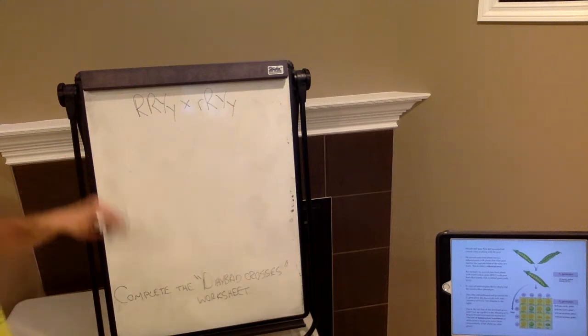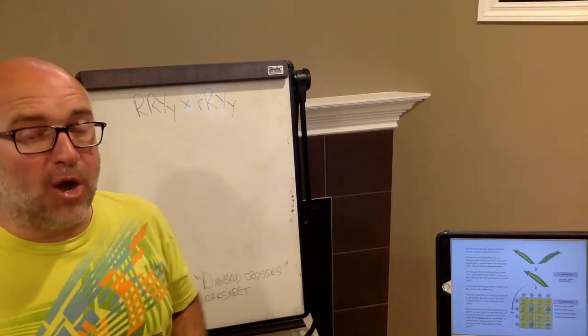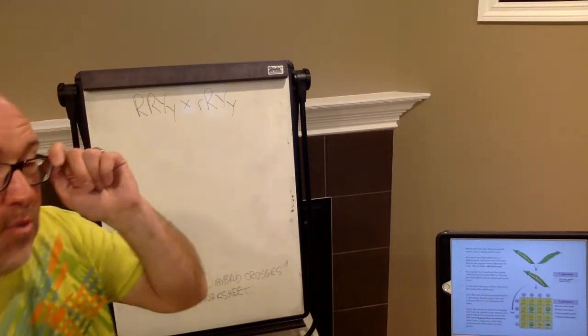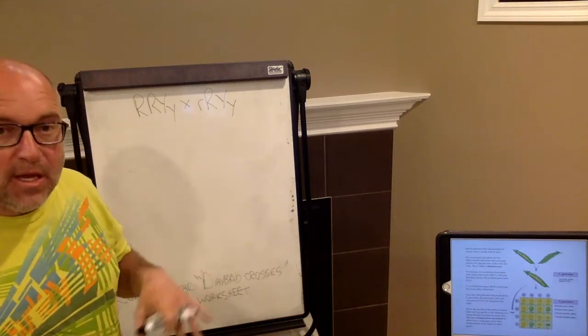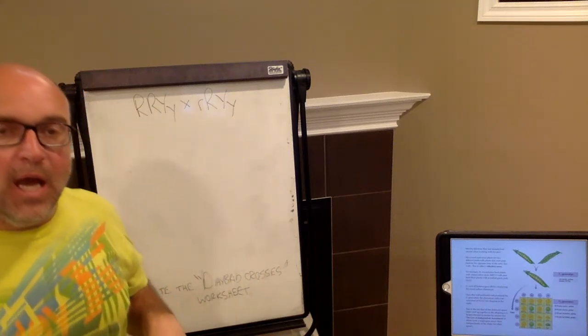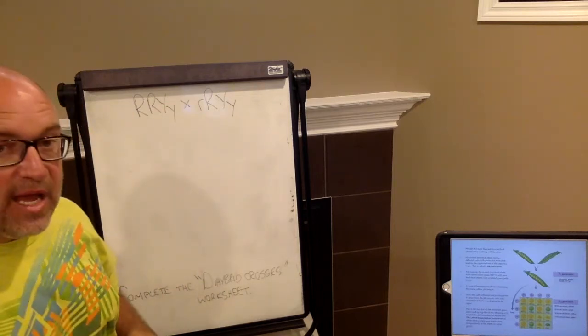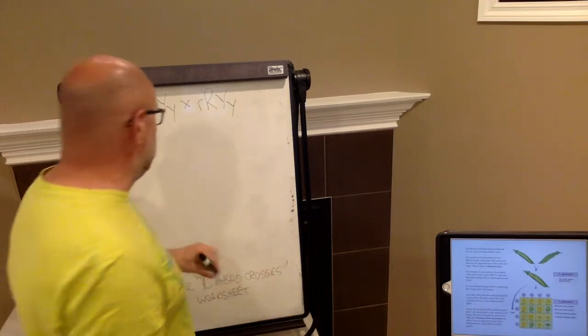I've got 2 parents that are both, the phenotypes of them are both round and yellow. But one of them is homozygous round, heterozygous yellow. The other one is heterozygous round and heterozygous yellow. Run them into a 16-square Punnett square, see what you get for your ratios. Go.